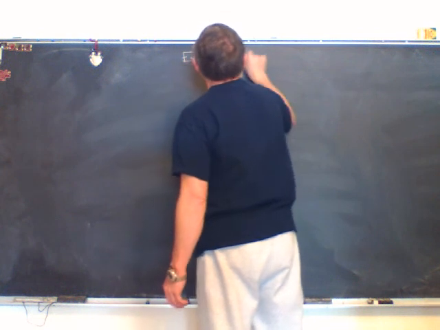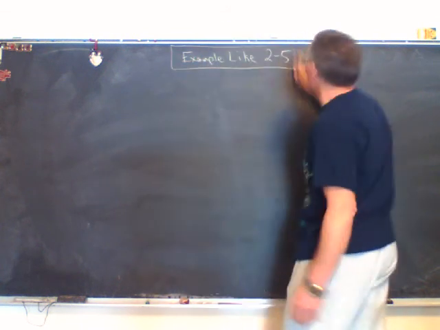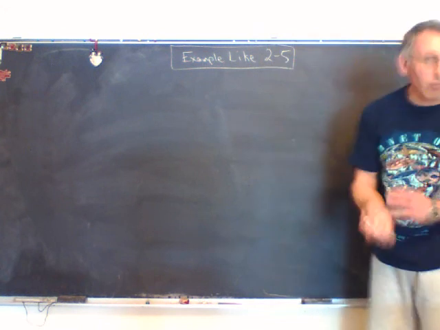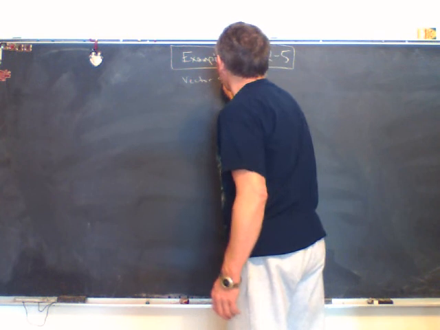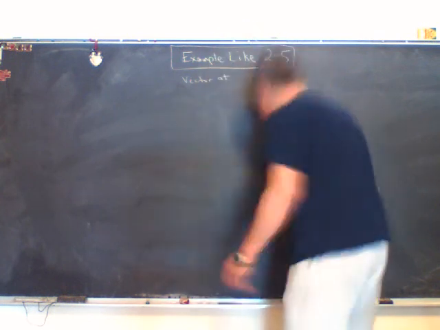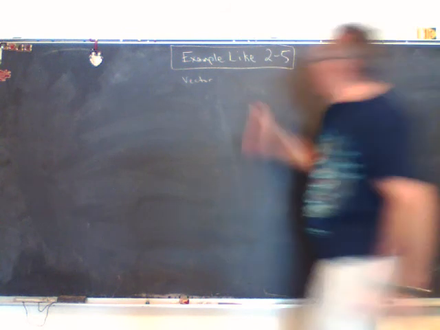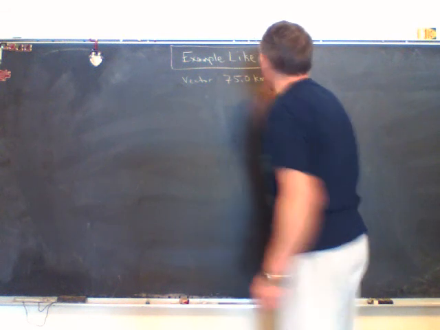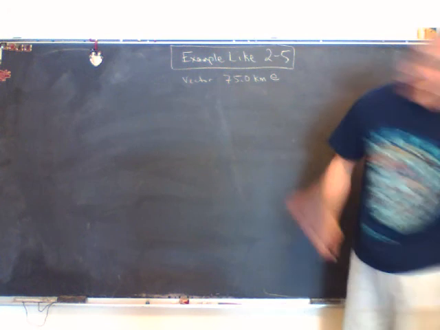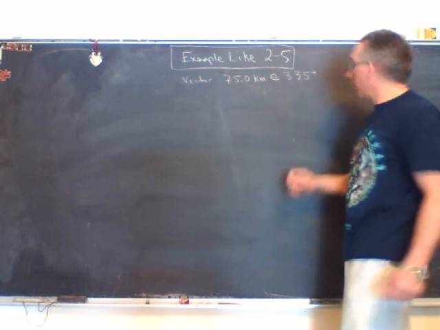So this is an example like 2-5, 2 meaning vector problem set 2, problem number 5. So we will take a vector that is 75.0 kilometers at 335 degrees, just so it's not the same as the one in the problem set.